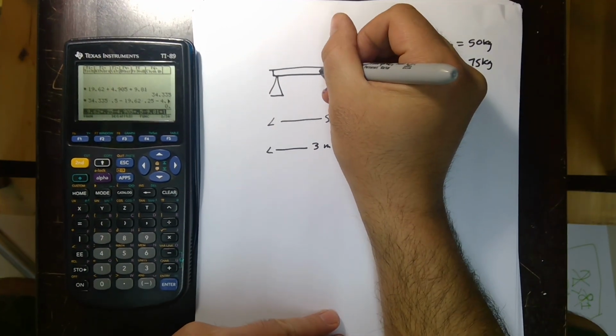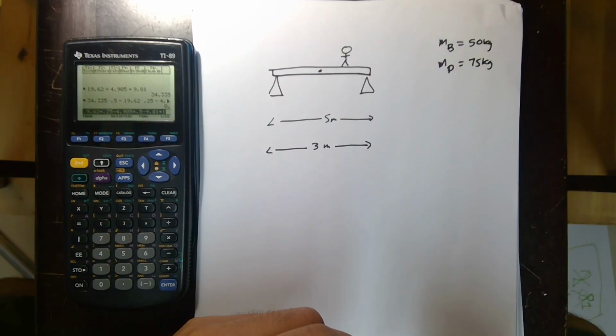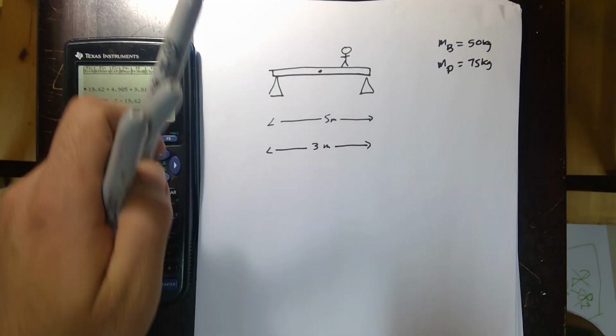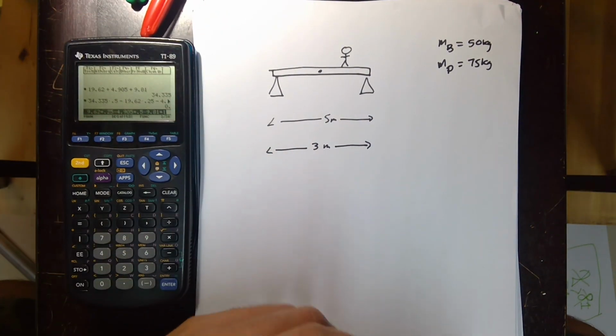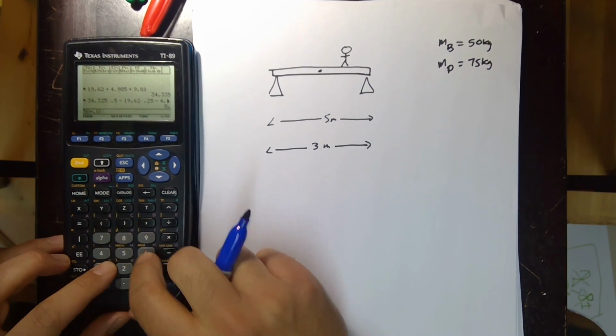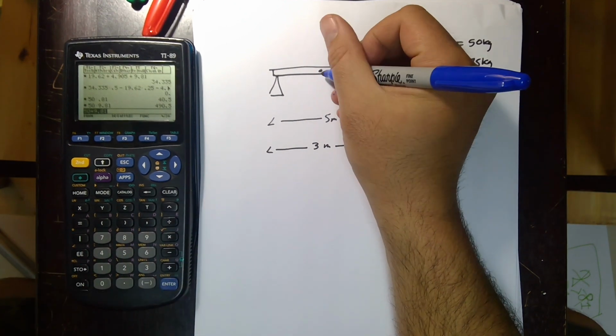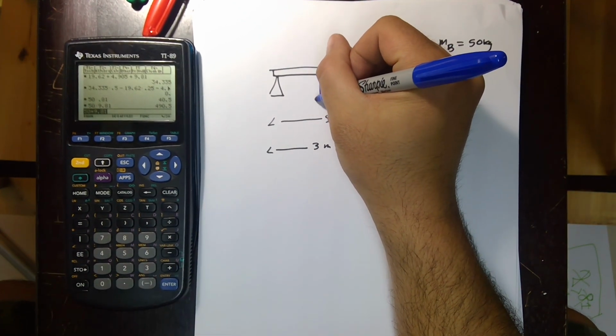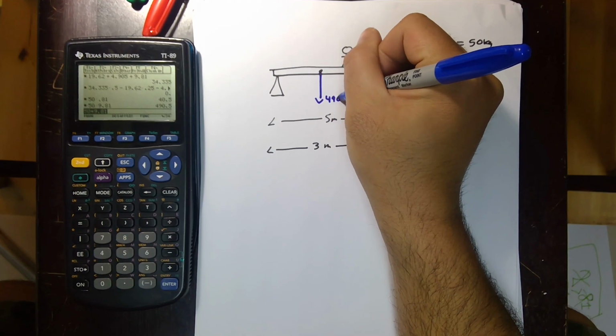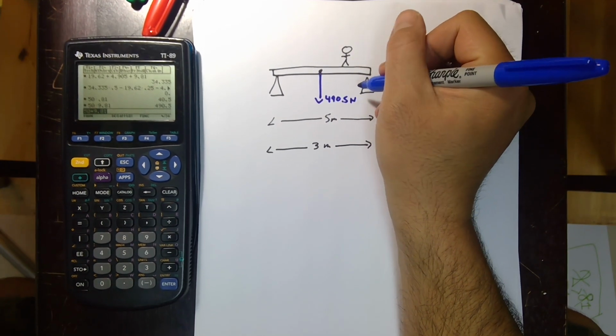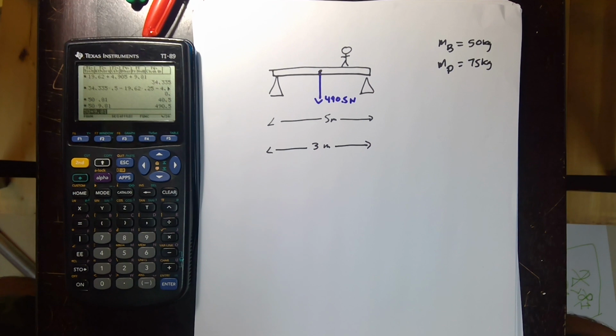The board's weight is going to be directed at its center of mass right there, halfway across the board. So that would be 50 times 9.81, which ends up being 490.5. Right there. So we know what force is being applied to the board. We know exactly where it's being applied to the board.